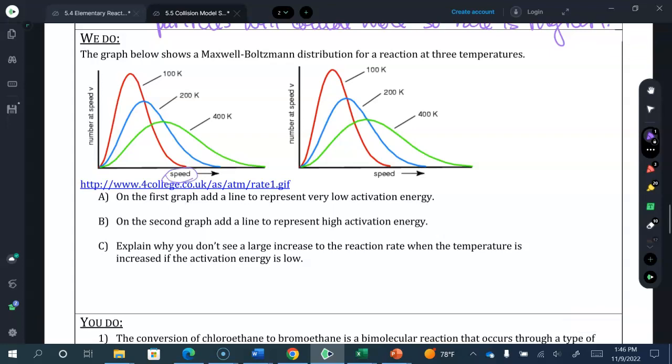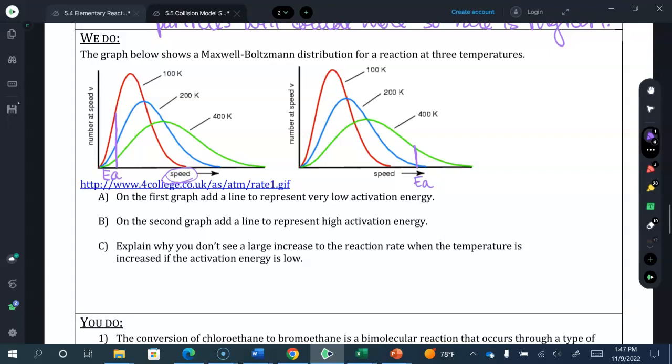So if we're going to draw a line that represents that, this would be a low activation energy. On the second graph, we're going to add one that has a very high activation energy. And we could even just be kind of extreme and say, hey, here's that very high activation energy.